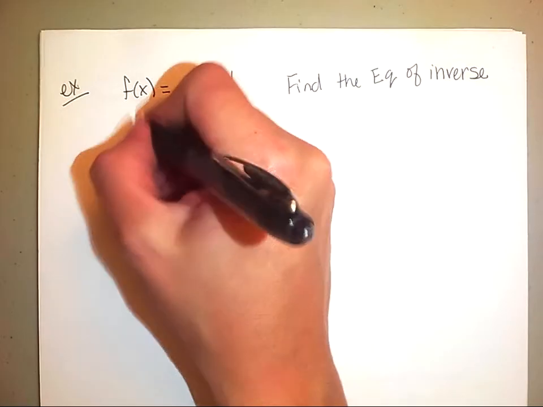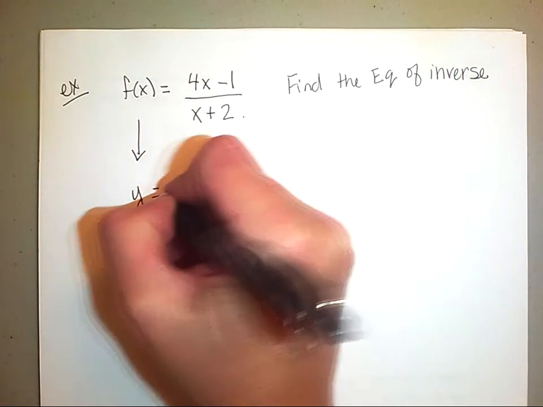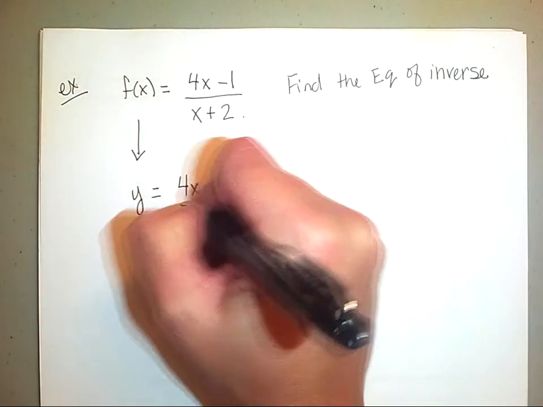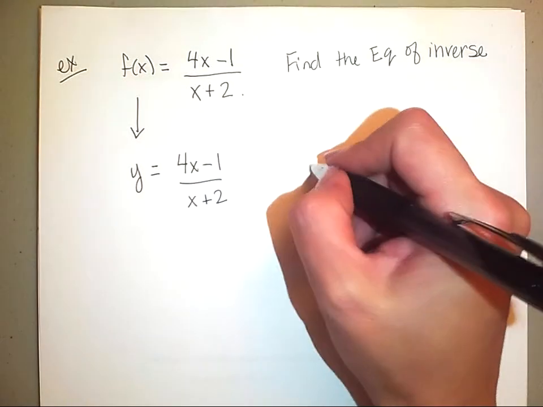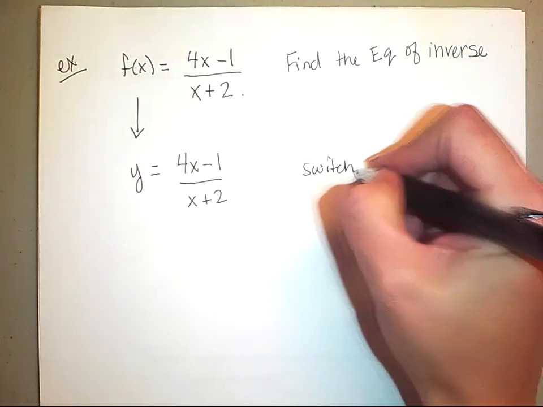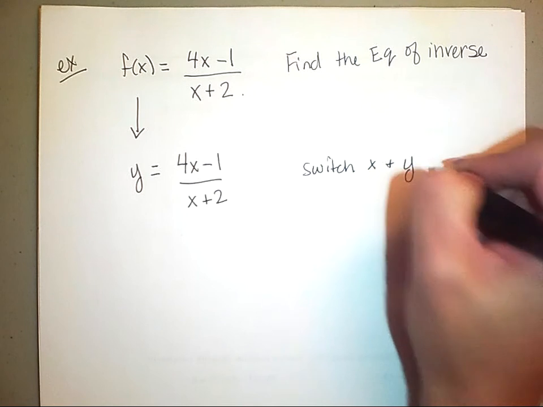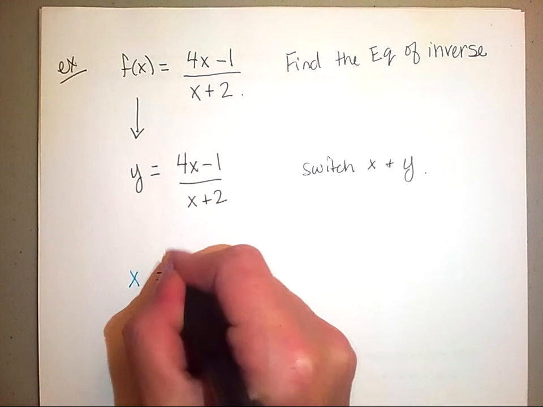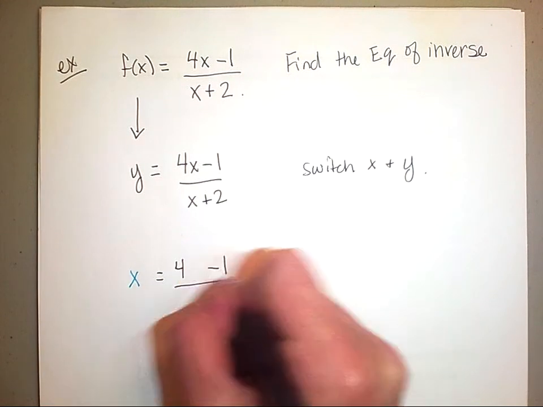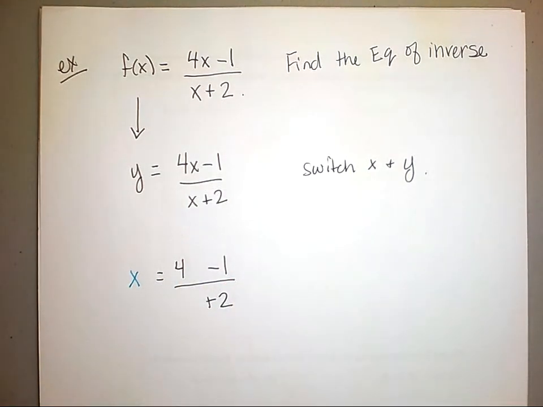So to do that, we have to change f of x to y. And then let's switch x and y. So this will become x is equal to 4y minus 1 over y plus 2.